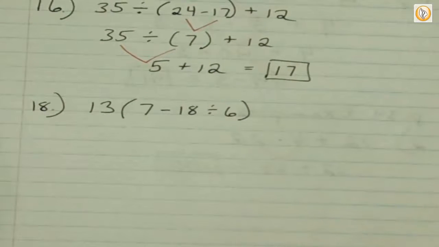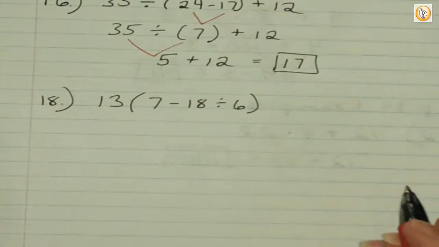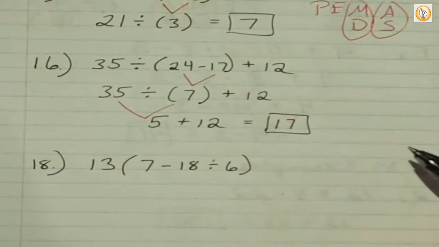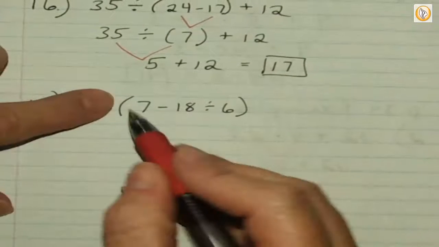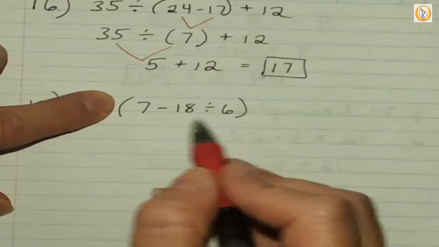Again, it's like you're a private investigator. So, Joseph, in the world of PEMDAS, what do we do first? 18 divided by 6. Okay, well, back up, buddy. We do parentheses, right?